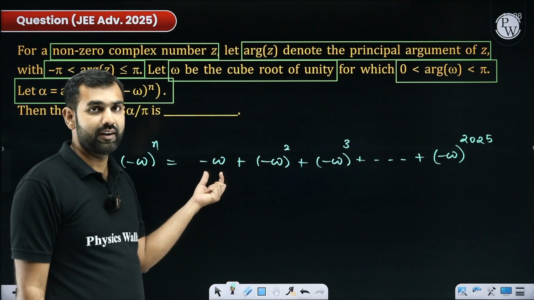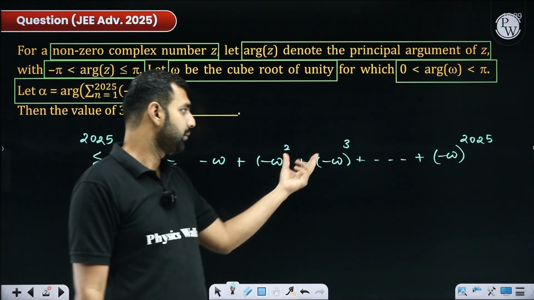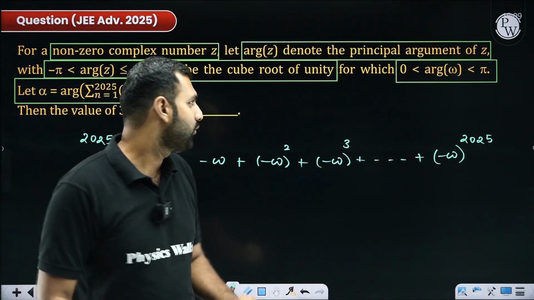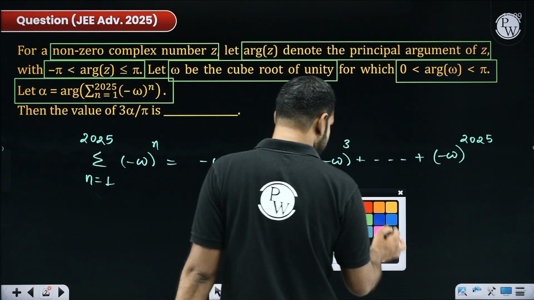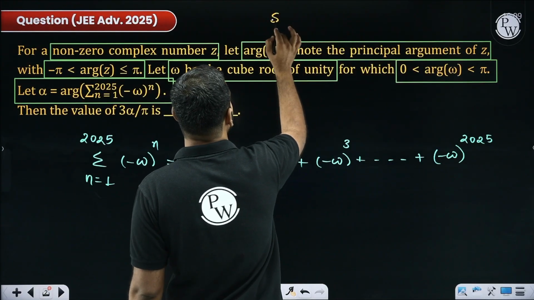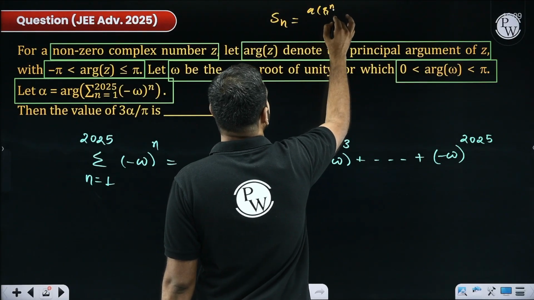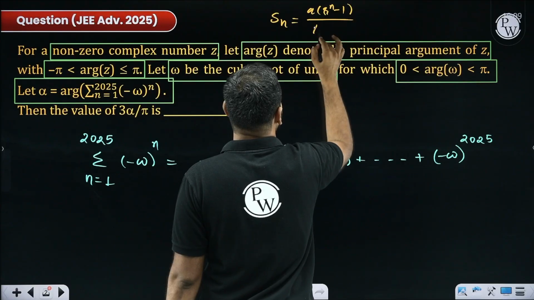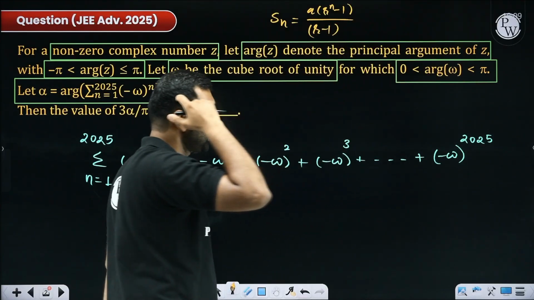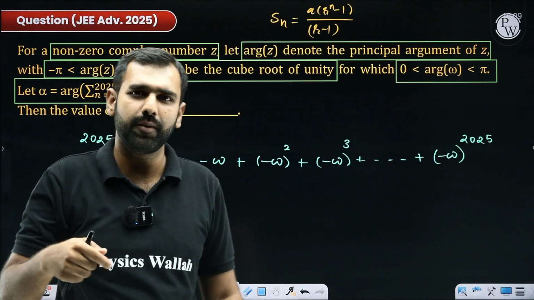Minus omega multiplied with minus omega square, then minus omega cube, and so on. For a GP, the sum of n terms is given by A times r to the power n minus 1 divided by r minus 1. Although it can be 1 minus r to the power n upon 1 minus r, vice versa.